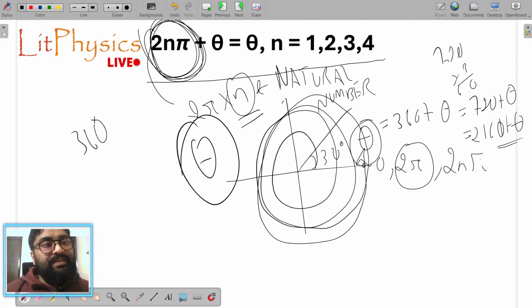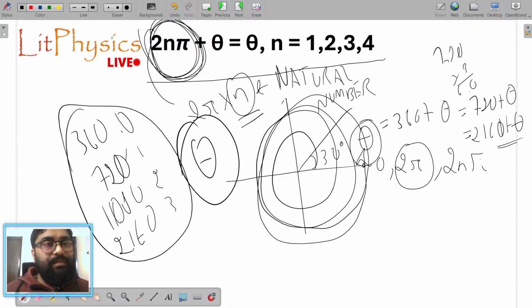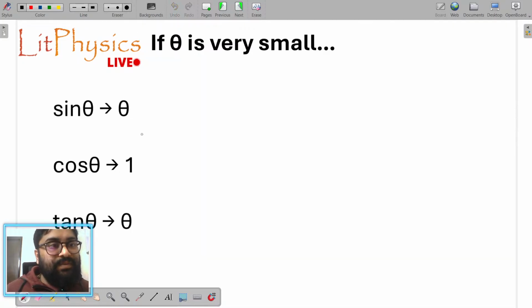Whether it's 360, whether it's 720, whether it's 1080, and whether it's 2160. So 0, 1, 2, 3, right? Fine. This is true for sine, cos, and tan. Last one.